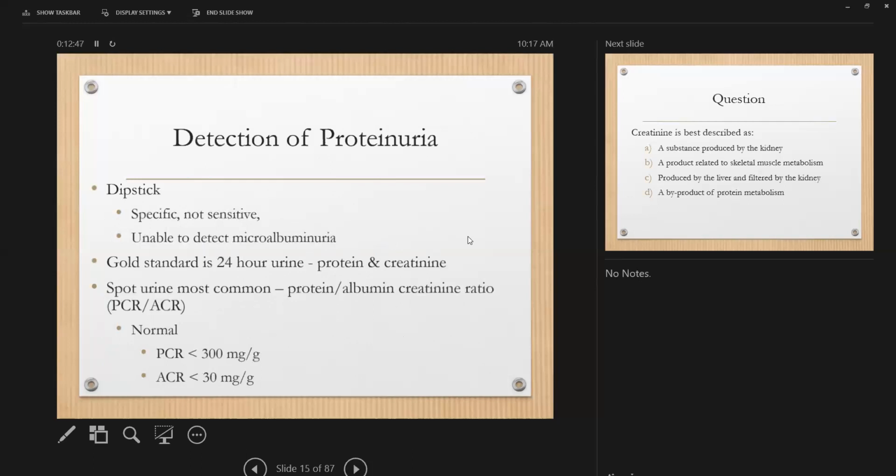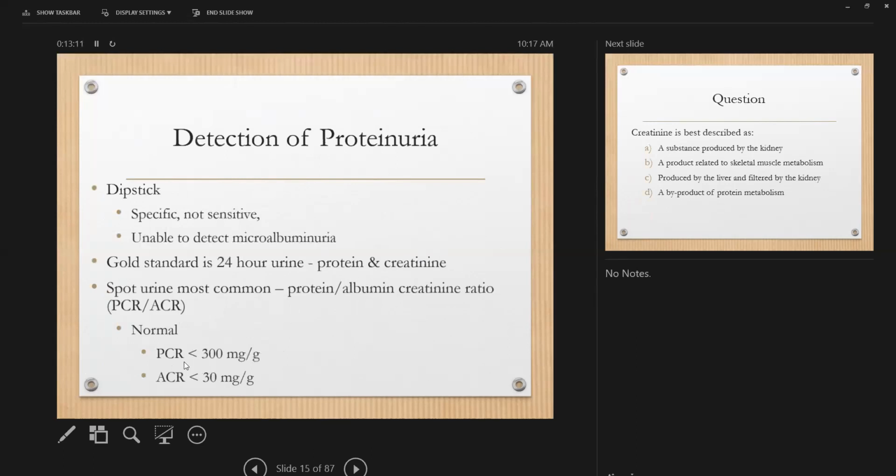Your gold standard for finding proteinuria is actually doing a 24-hour urine, and you're looking for how much protein is in that urine and how much creatinine is in that urine. You can do a spot urine, and you're looking for the ratio between the protein and the albumin.